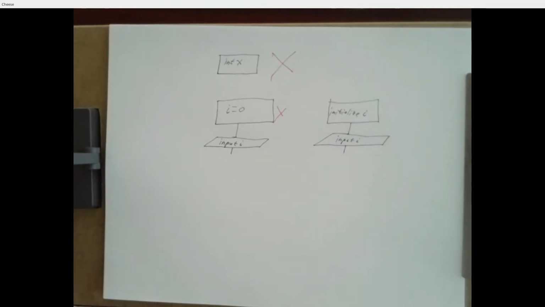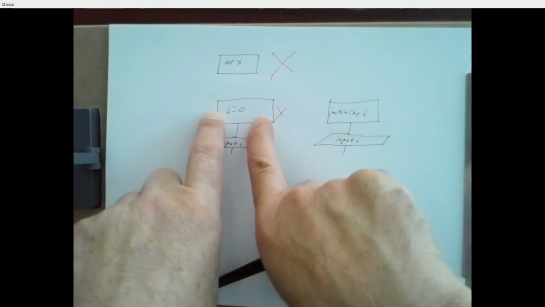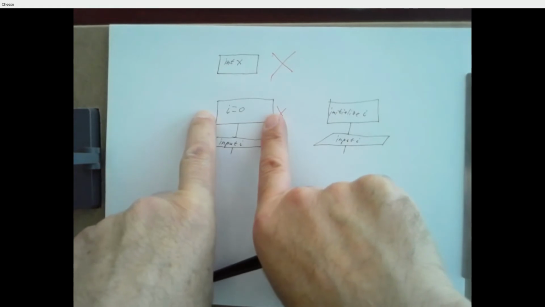Because if I set I equal to 0, and then I say, let's read the value of I using a scanf or something, why did I have to set I equal to 0? All I'm doing here is loading a new value into I. I don't care what its original value was.